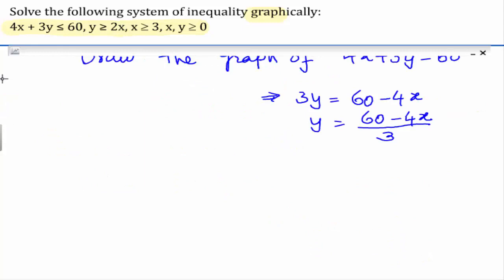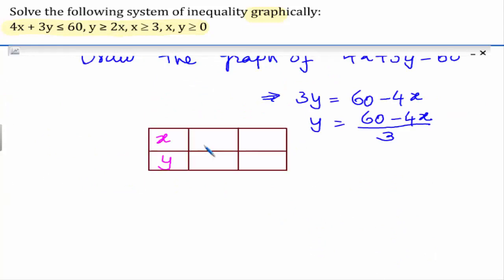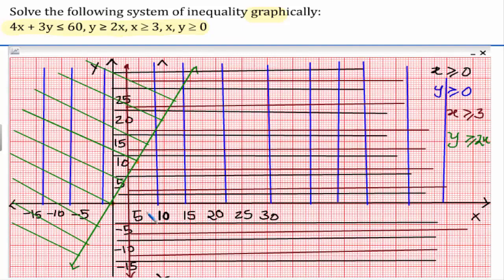Now let us find the ordered pairs. If x is equal to 15, then y will be 0. If x is equal to 0, then y will be 20. So the ordered pairs will be (15, 0) and (0, 20). Now let us plot those points. (15, 0) will be here and (0, 20) will be here. Now let us join those 2 points.